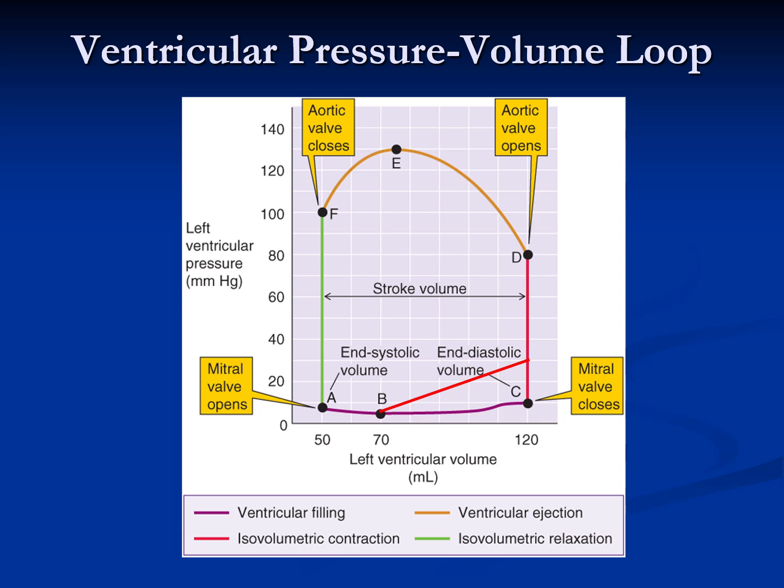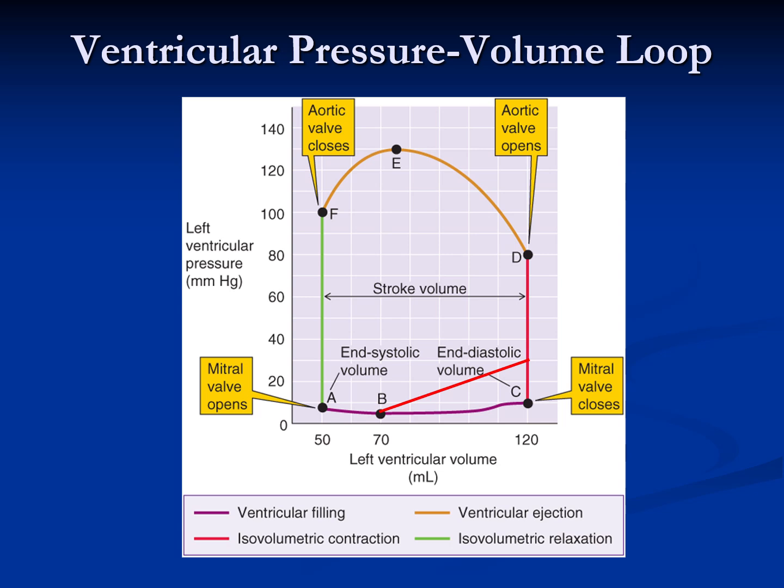Therefore, if I show you this line and I tell you the pressure volume loop has moved from the original segment BC, purple, to this segment BC in red, and I asked you, what is abnormal here? Well, what is abnormal here is, for whatever reason, this ventricle is sick and less compliant.